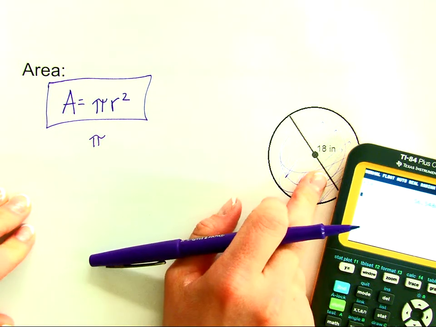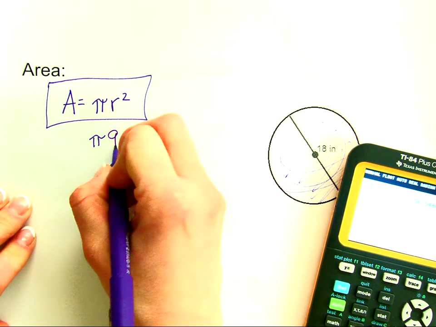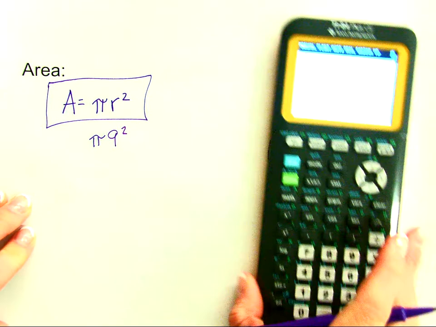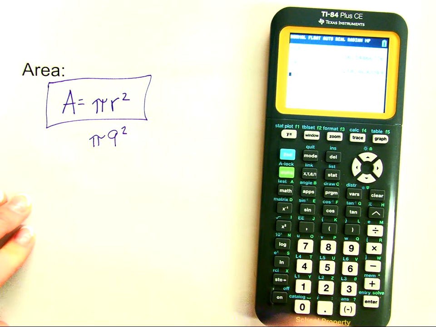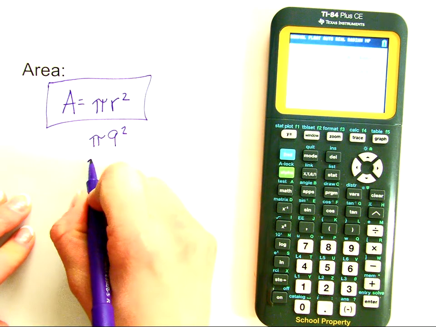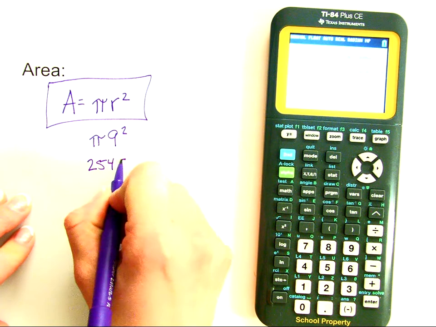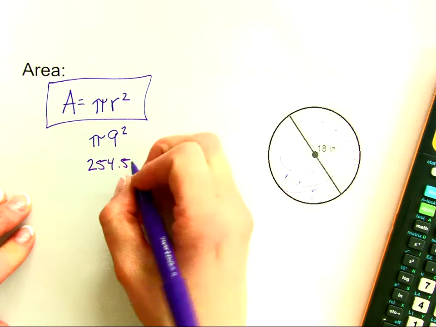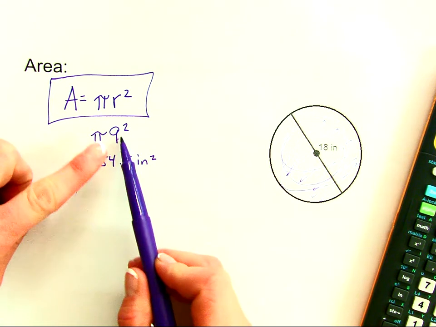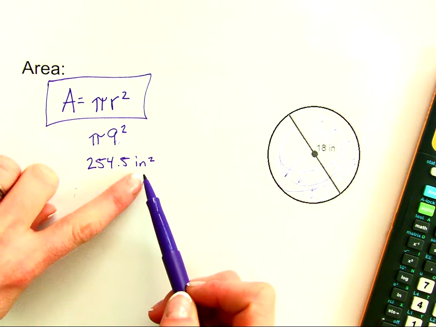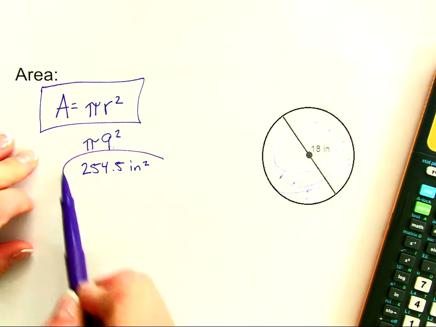Now here's my diameter, so my radius would be 9. So pi times 9 squared gives me 254.5 inches squared. Now because I squared here in my problem, my units are going to be squared. Area is always squared.